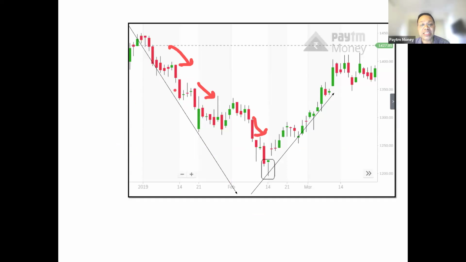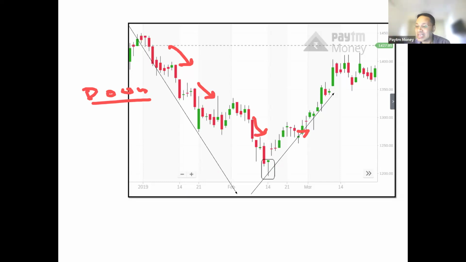What is the trend? The trend is down, right? Now, suddenly this pattern emerged after a prolonged downtrend. Correct? Now, from there, the price has reversed. Okay, now you got it.